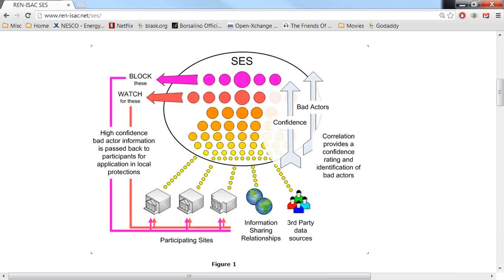Where we got to over the last couple of years is developing software internally to institutions. The REN-ISAC community has 400 or so institutions and about 1,000 security engineers that participate pretty actively, sharing threat intelligence, sharing whatever. And out of that comes the need for automation.